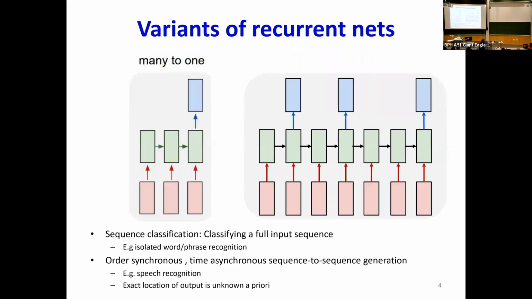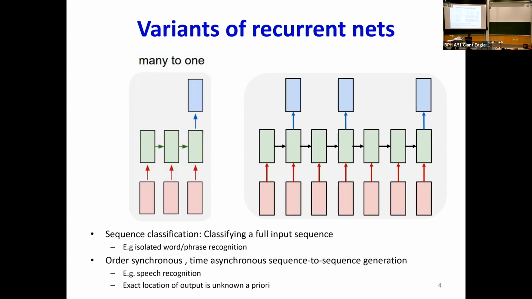But then you can have other structures, like the first one to the left. This is where you have an entire sequence of inputs coming in before you take a decision about it. For example, if you're doing isolated word recognition, you'd have to see the entire input before you decide what was spoken.